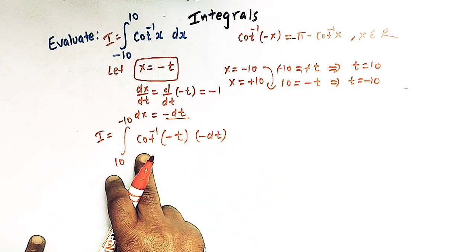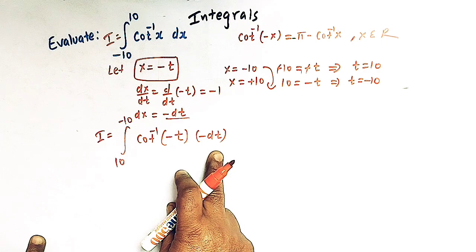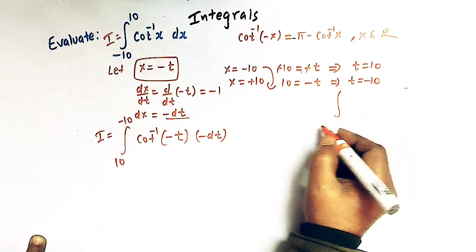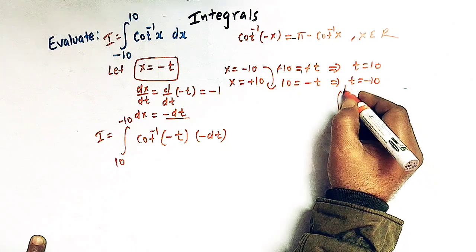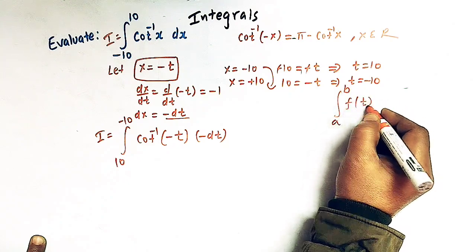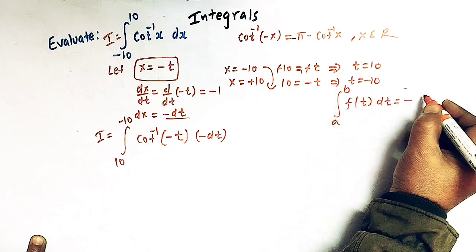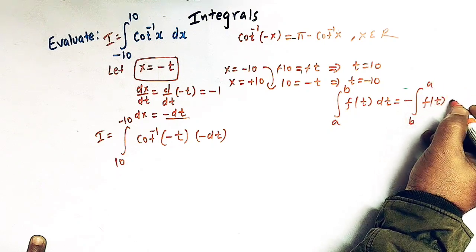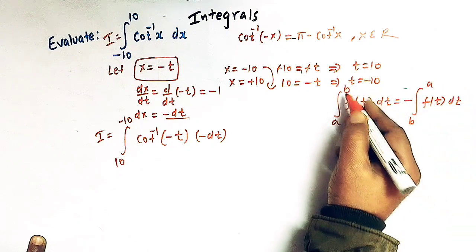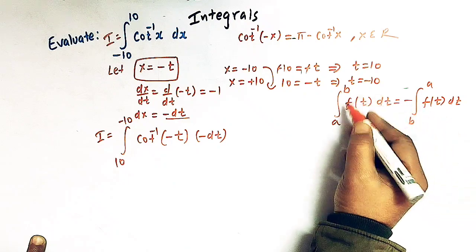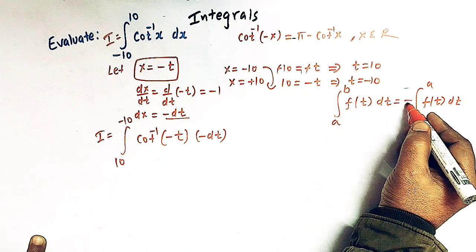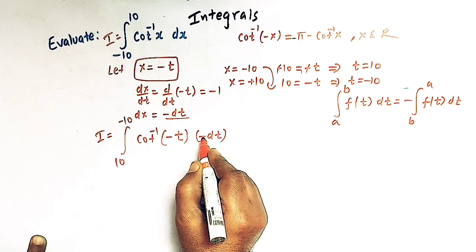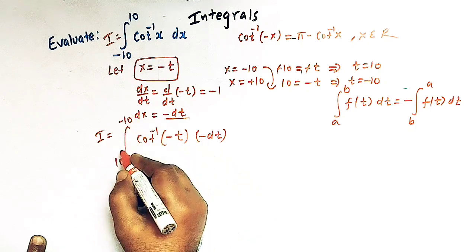So now let us simplify this integral using this property of definite integrals, that is integral a to b f of t dt is equal to negative of integral b to a f of t dt. So when we interchange the limits, the value of the definite integral is negative, right? So here we can neutralize this negative sign by interchanging the limits.